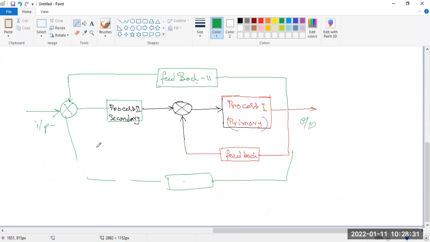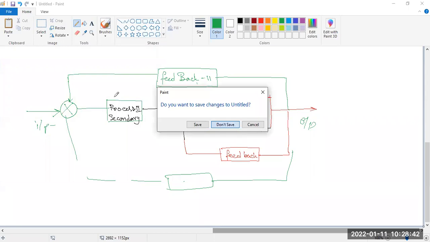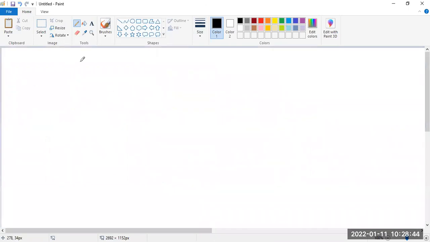So let's see some features. What are the features? Now, first thing, more than one measurement is required, but one manipulated variable.